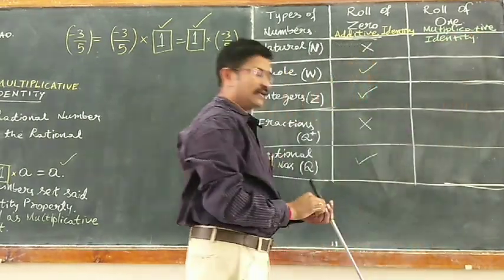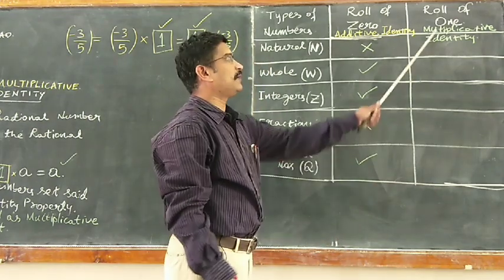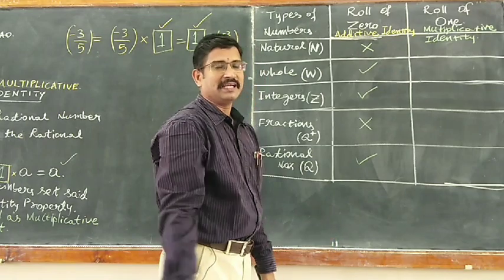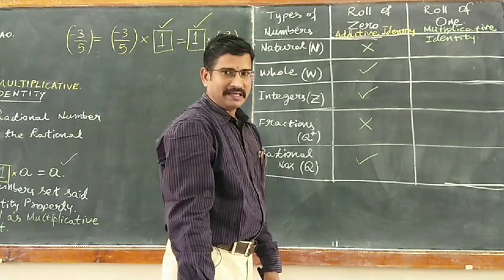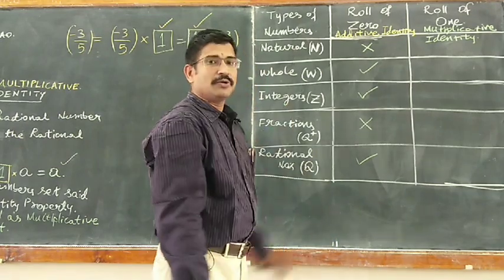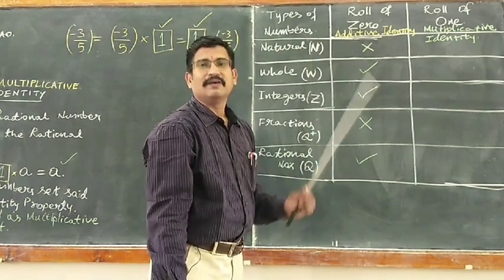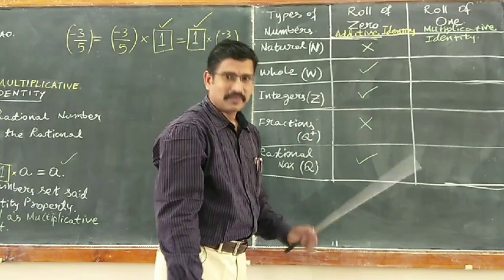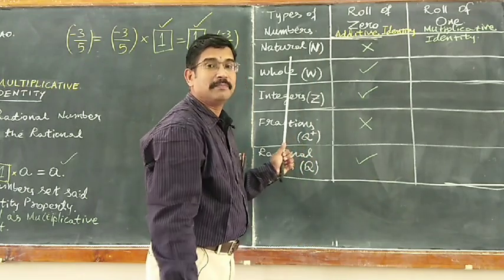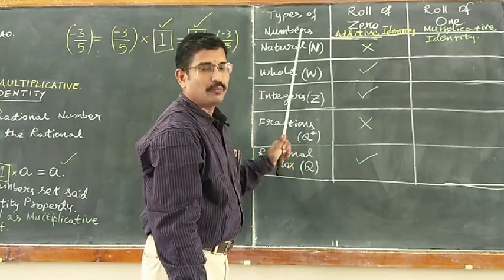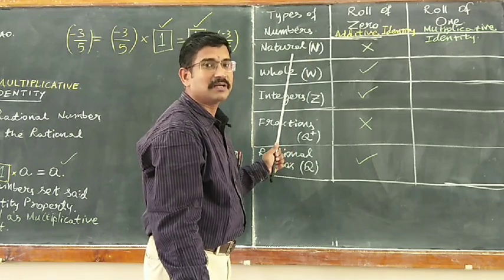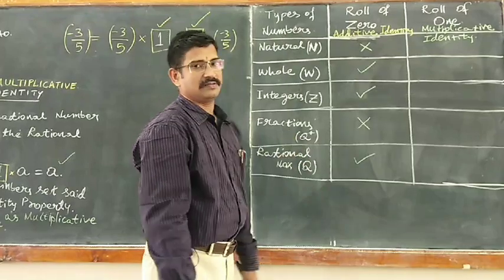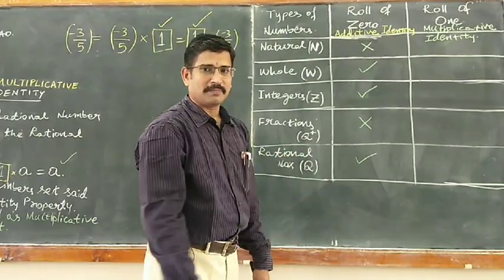See children, if you are verifying or checking this multiplicative identity property for different types of numbers, you must think whether the multiplicative identity element, that is 1, is part of the type of numbers or not, whether 1 is there in that set of numbers or not. You have to watch that. First, natural numbers. Is 1 a part of the natural number set?